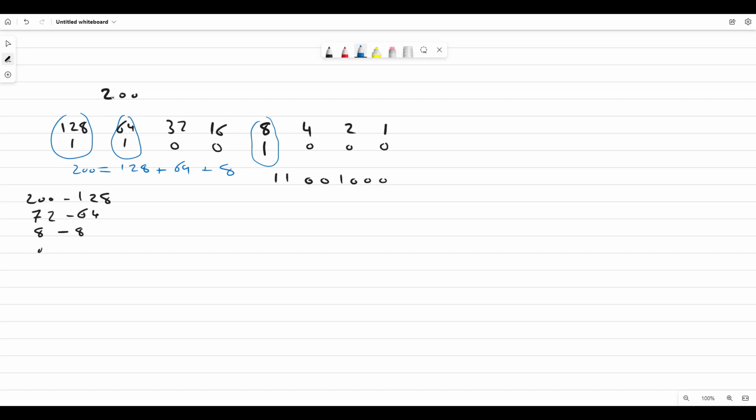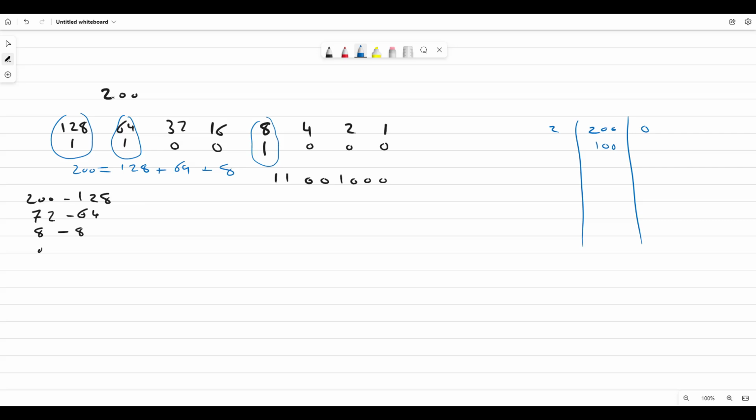0. So we write the number 200 here. We divide it by 2 and we need to record the remainder. Anything divided by 2 will give us a remainder of either 0 or 1. So 200 by 2 will give us 100 and the remainder will be 0.